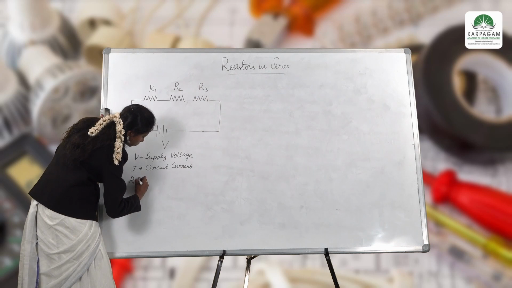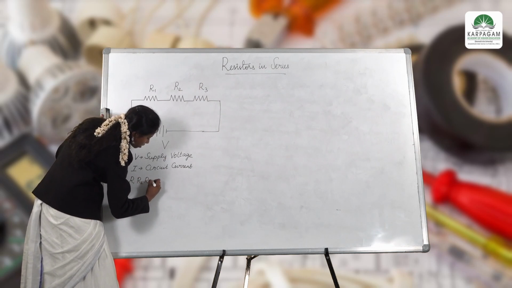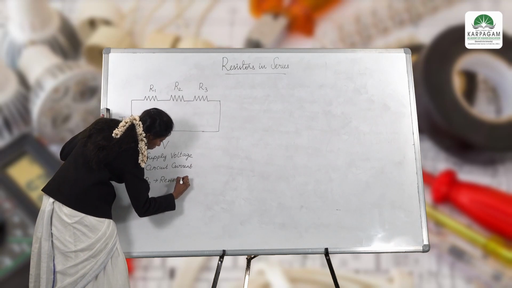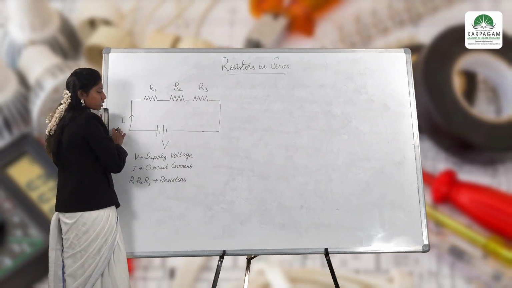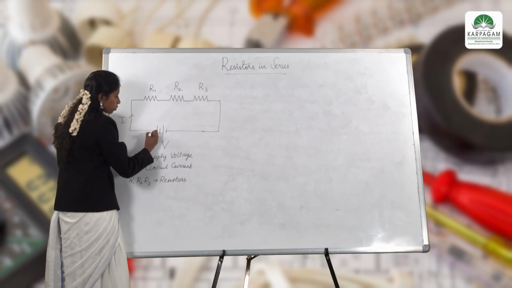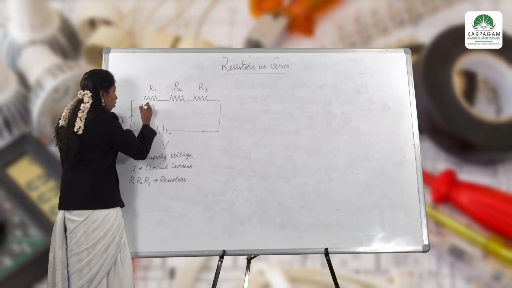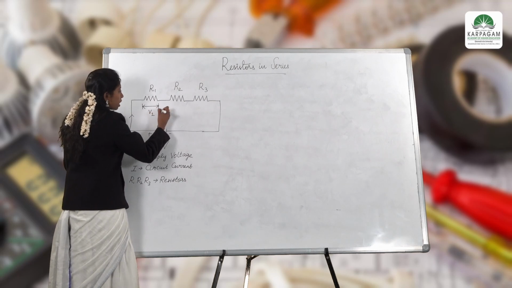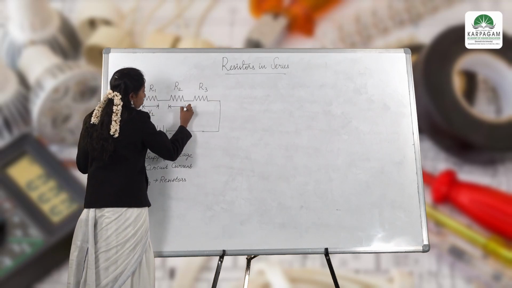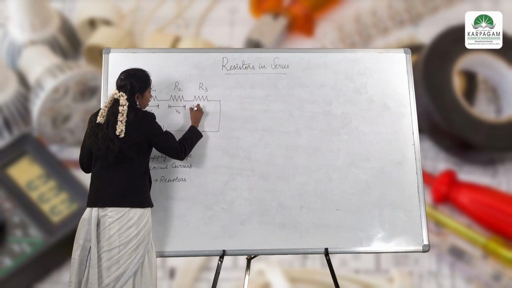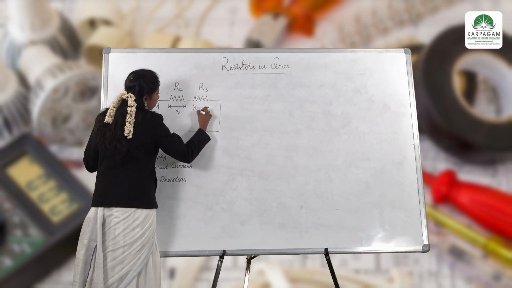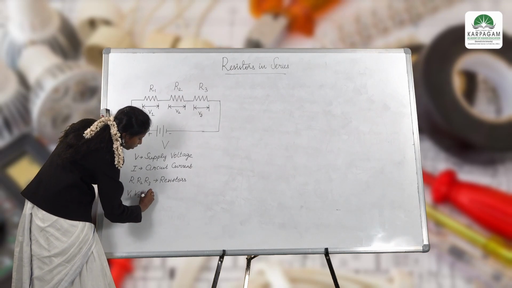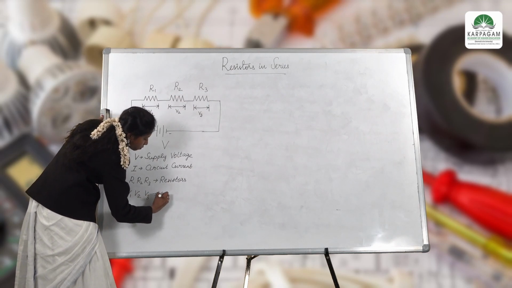R1, R2 and R3 are your resistors. Current is passing through them and voltage is also passing through them. Across each resistor element there will be a voltage drop, which we can name as V1, V2 and V3. And these V1, V2 and V3 are voltage drops.